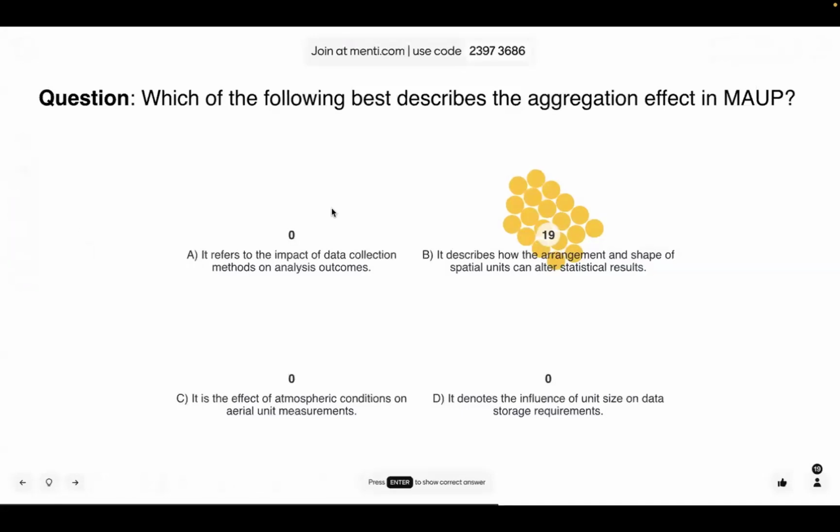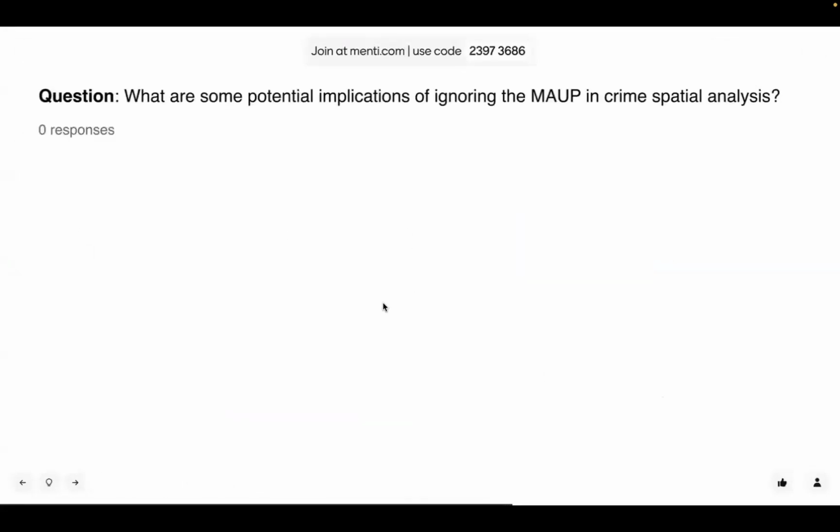So before we move on to a little break, I have one more question for you. Just to get you guys thinking about what are some potential implications of ignoring the modifiable areal unit problem in crime spatial analysis. So what if we were just to basically ignore the scale effect and ignore the zone effect?